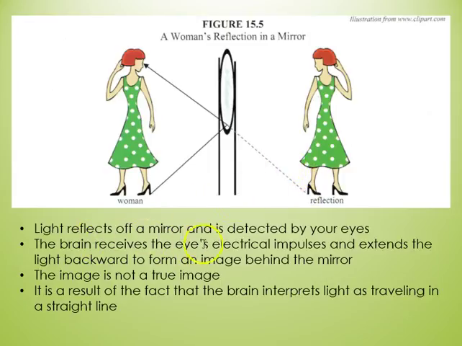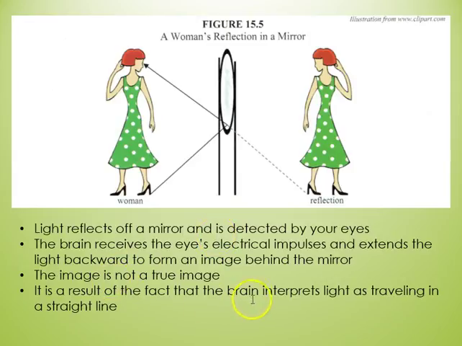The light reflects off a mirror. It's detected by her eyes. The brain receives the electrical impulses and extends the light backward. So that's this dotted line to form an image behind the mirror. But the true image is actually over here on the left. This is a false image on the right.